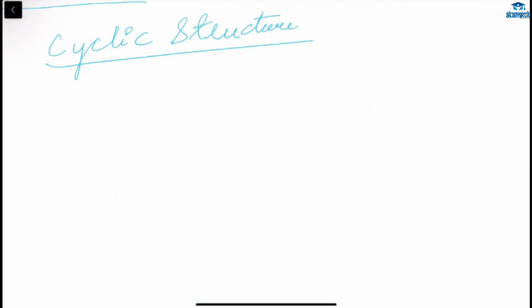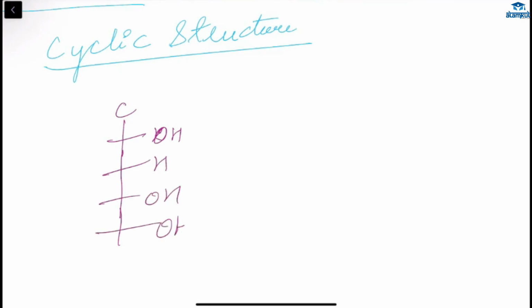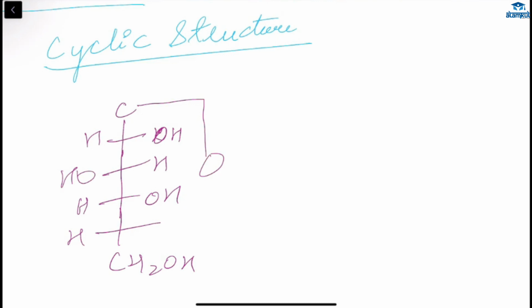The resultant will be like this: C, then OH, and then H, then OH, again OH, and then CH2OH. The 6th carbon has nothing to do with it. Only the fifth position carbon and the first position carbon will be involved. Okay, so they will form a cyclic structure like this. This is the cyclic structure of glucose.